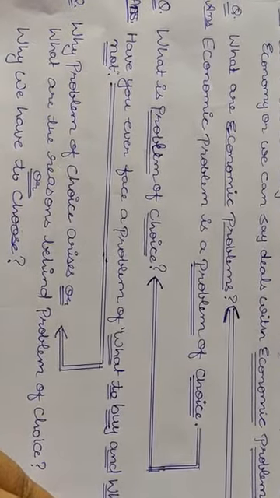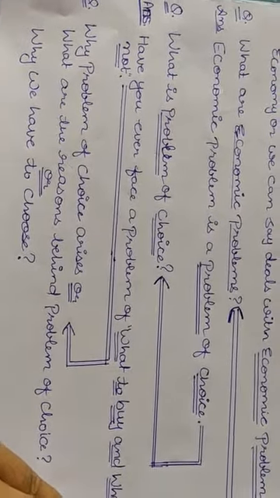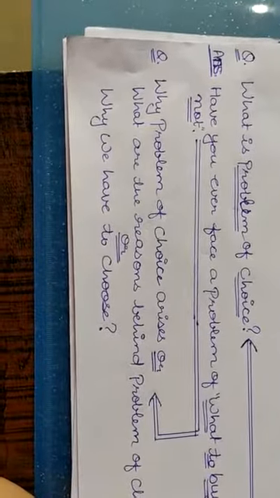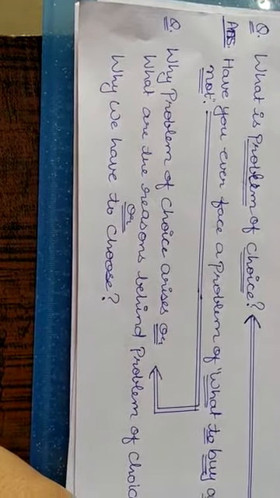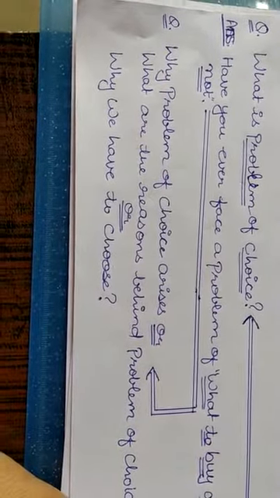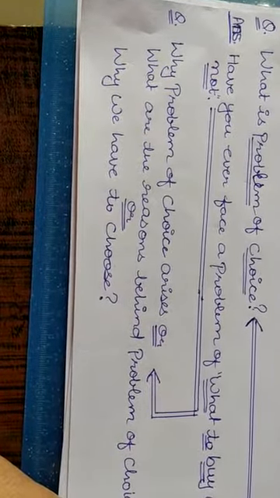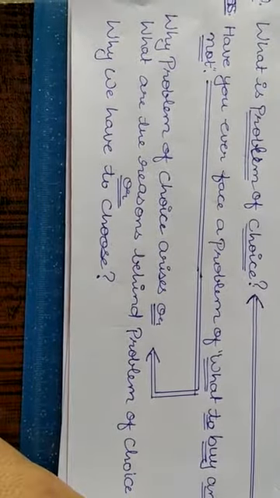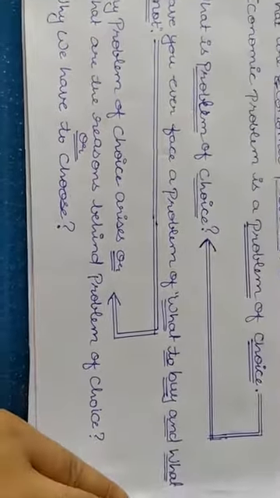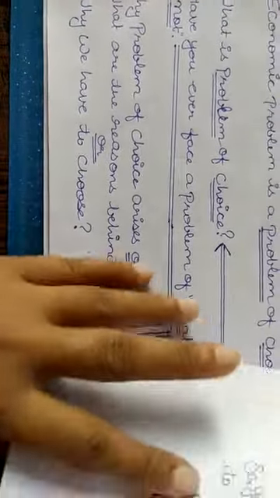So, here is the question. Why does the problem of choice arise? Possibly guys, all of you are wondering why these problems are arising. What are the reasons? Why do we have to choose? Correct? Let's find out its answer using a very simple approach, that is example approach.